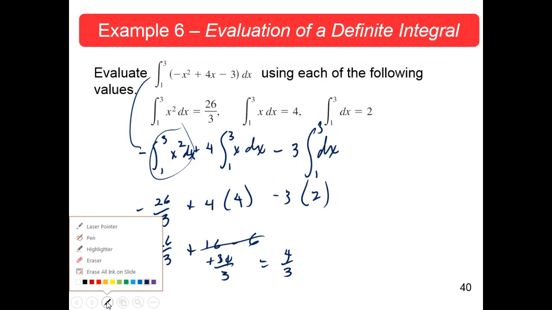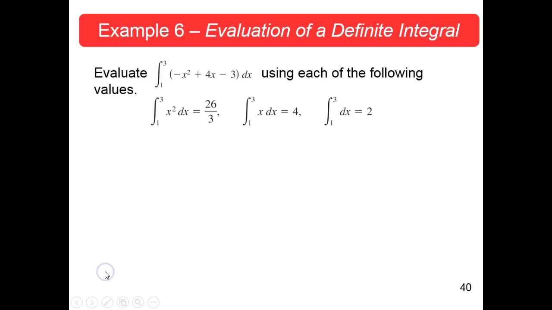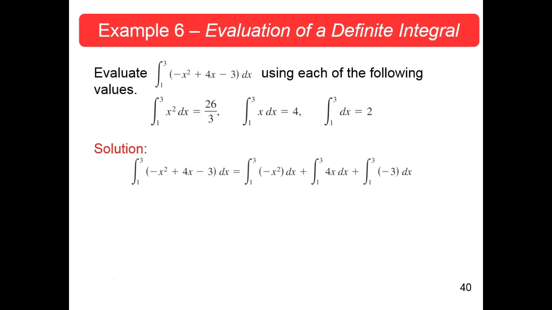All right. Now see how they did it? I'm sure they're going to take a lot more steps than I did. Okay, first they're going to write it over again. That's really helpful. And then they're going to take this by our sum and difference property. This will be the integral from 1 to 3 of minus x squared dx plus the integral from 1 to 3 of 4x dx plus the integral from 1 to 3 of minus 3 dx.